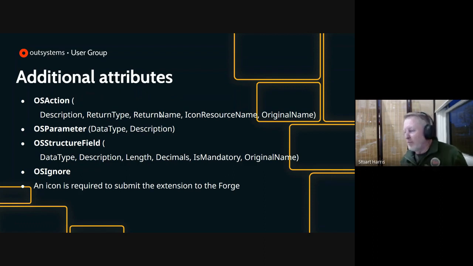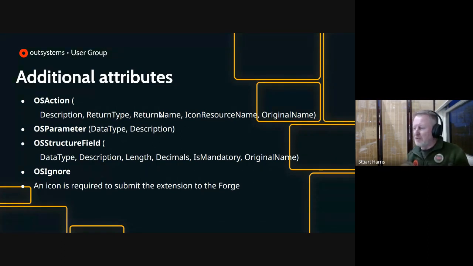Icon resource. You can put an icon resource on the actions as well, just like you can put in actions in your extensions. Now the original name, this is interesting. This is how OutSystems works out if your action has changed.